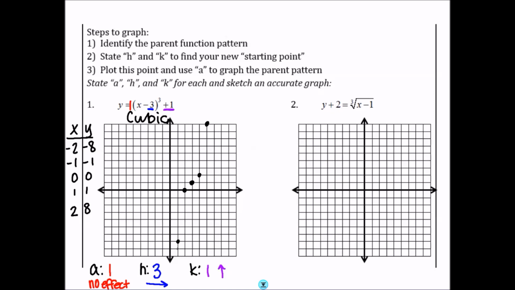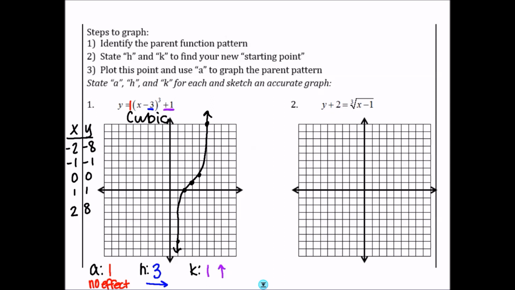And then I connect the dots. You can see that this is the same shape as the regular cubic function, but instead of it going through the point 0, 0, it is moved over to the right and up a little.